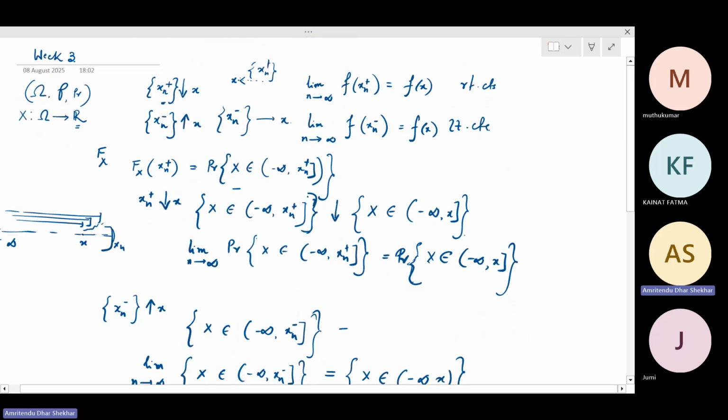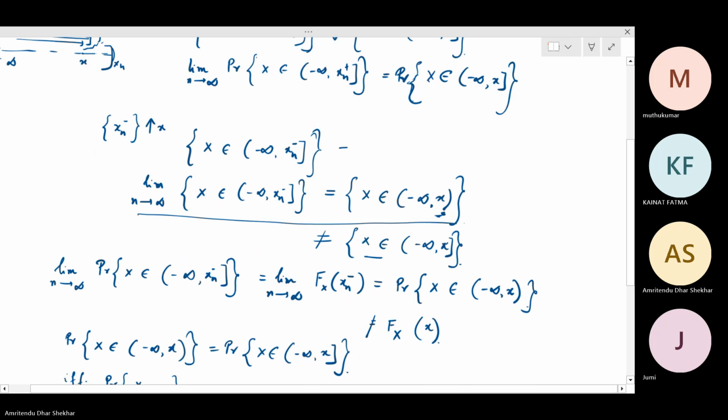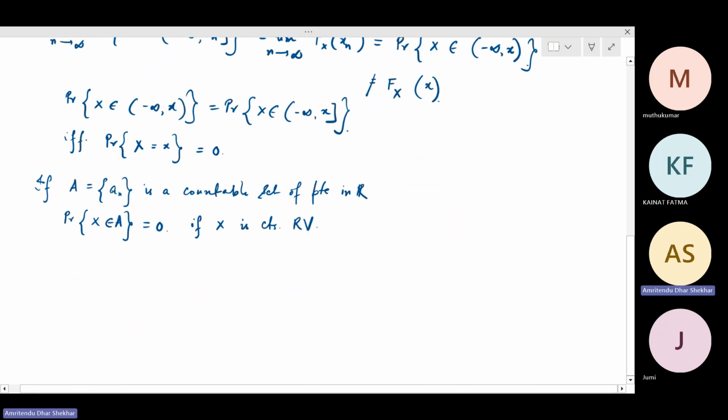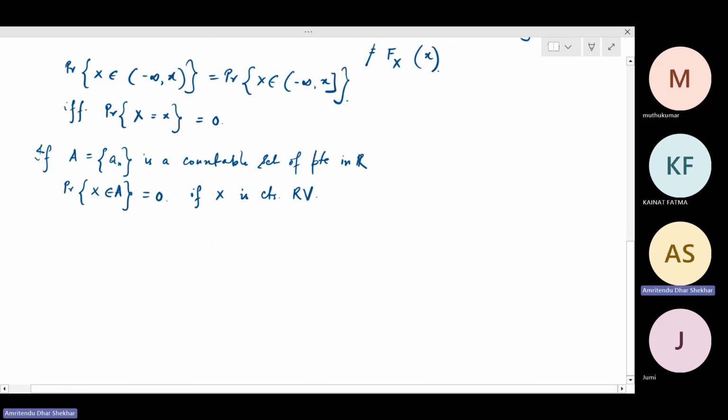So hopefully it's clear when a particular random variable is going to be a continuous random variable. If you have any questions, you can always stop and ask me.